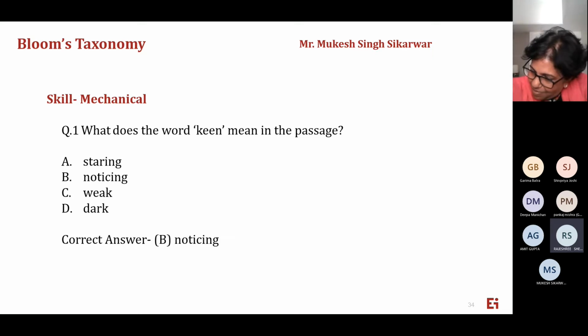And as Joshi said, keen has more than one meaning, so I think it is based on understanding. Keen also means enthusiastic and sharp edge and all that, so we have to know which meaning is implied here. Thank you, ma'am.